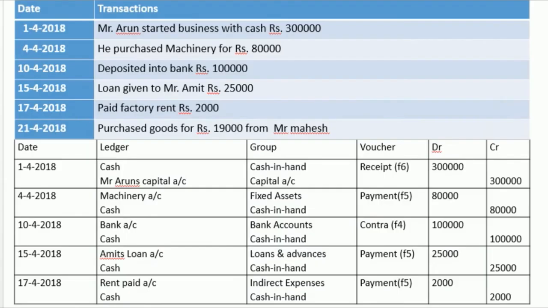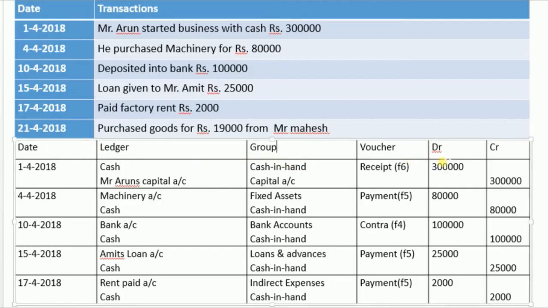Okay, now we will see the transaction. 1/4/2018, Mr. Arun started business with cash rupees 3 lakh. How we can take that one? Date, ledger, group, voucher, debit, credit. So 1/4/2018 is the date, correct? And cash and Mr. Arun's capital account.